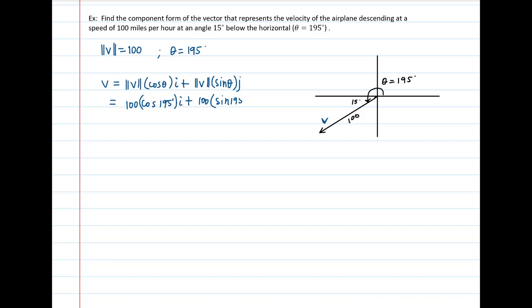And make sure that your calculator is in degree mode if you're going to plug this in. Okay, putting this in the calculator, we have negative 96.59 i minus 25.88 j. And we can also write it in component form, which is actually what they ask, in our angle brackets as well. And here we have it. And you can also verify that the magnitude of that vector is actually 100, which is the speed here.